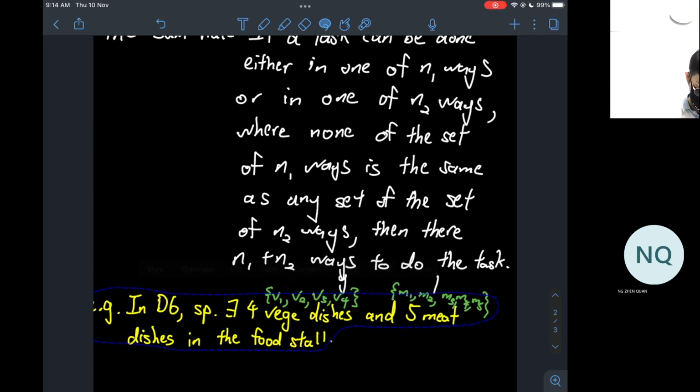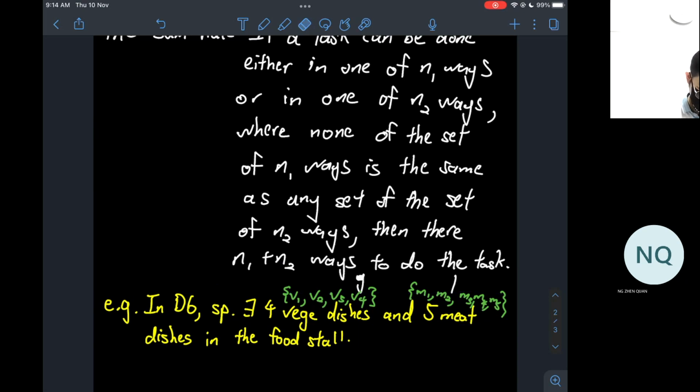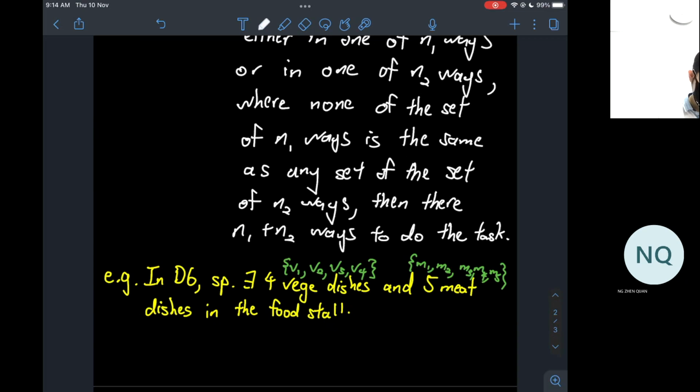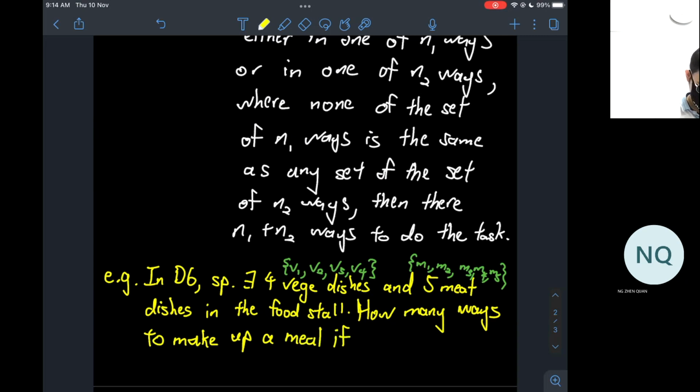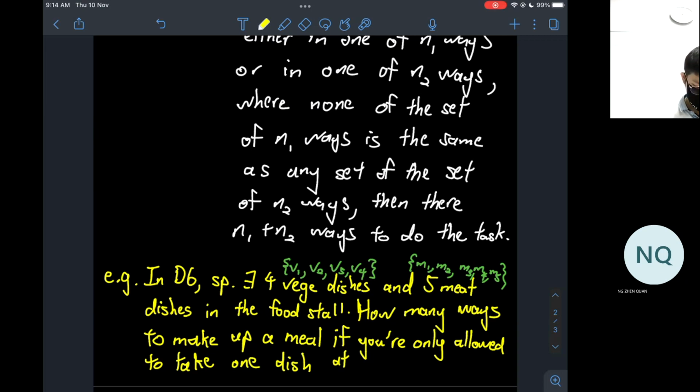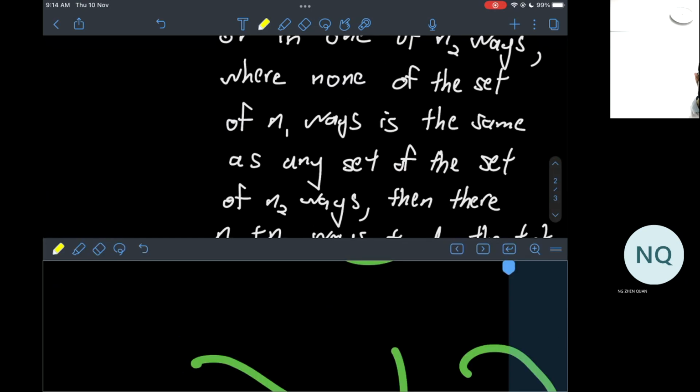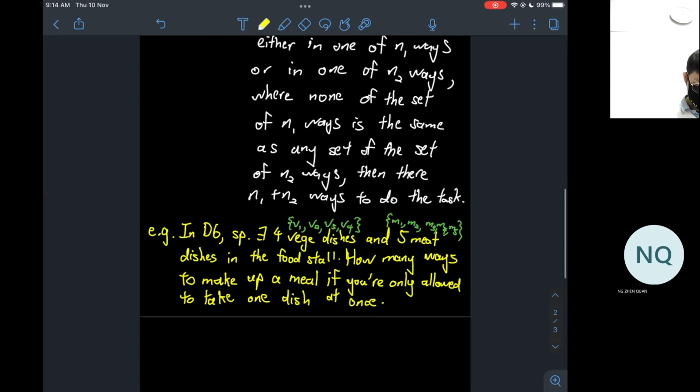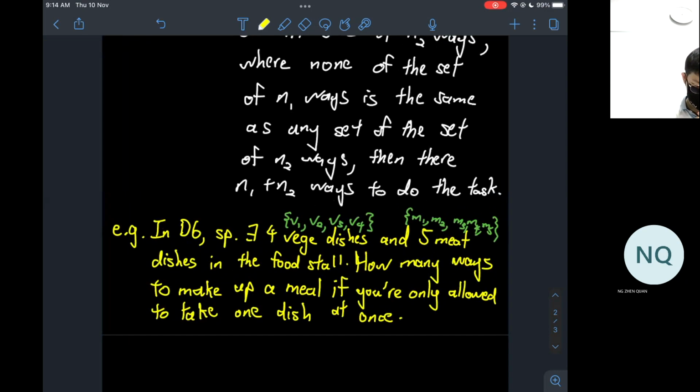Okay, suppose I change the question to: how many ways to make up a meal if you are only allowed one dish at once?